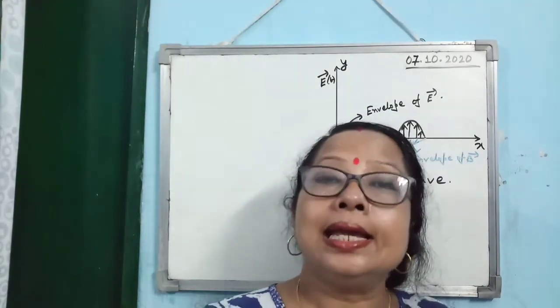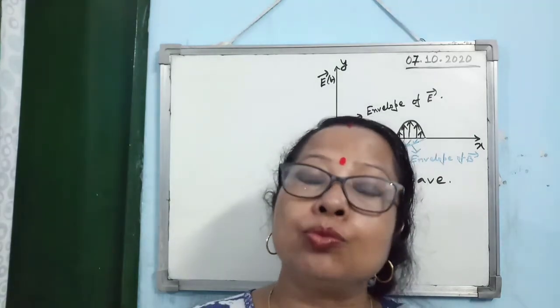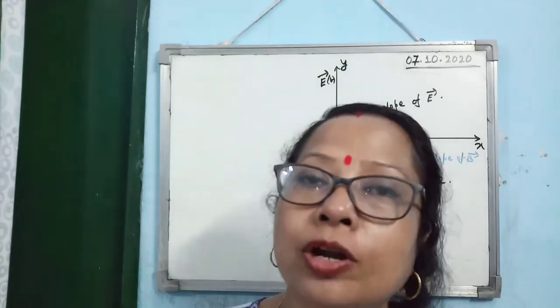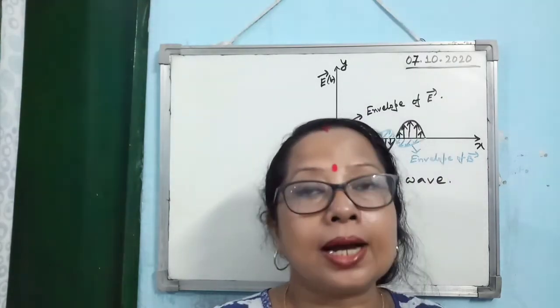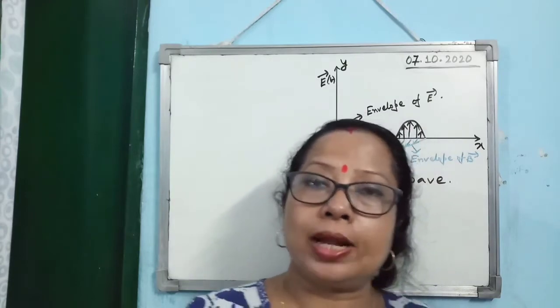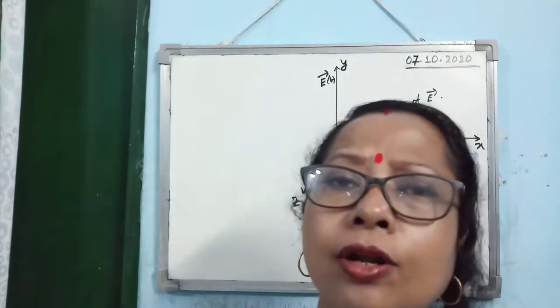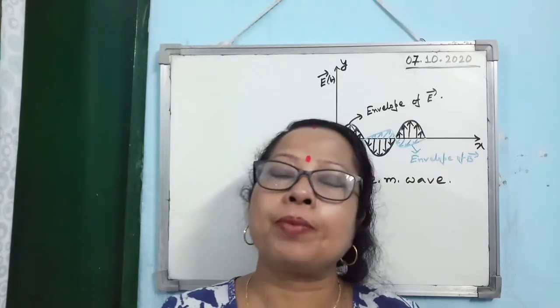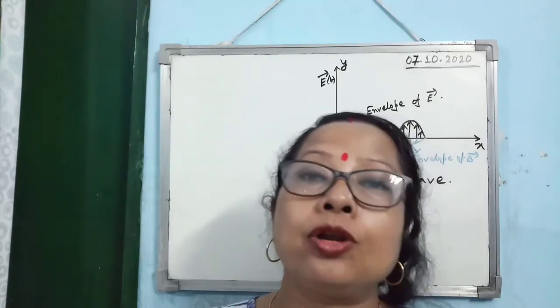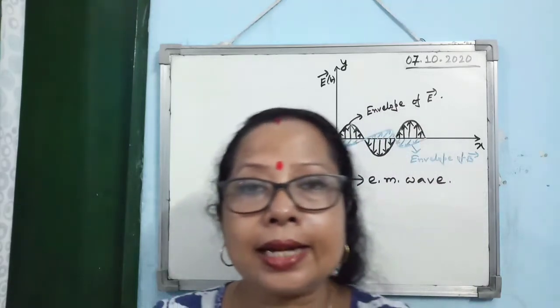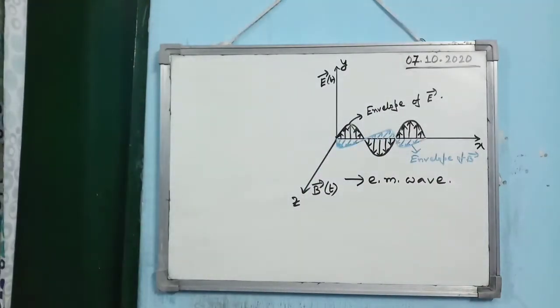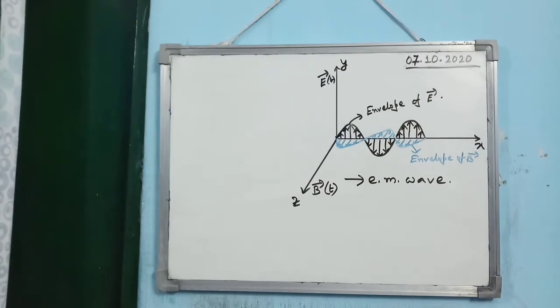And when an electromagnetic wave moves in free space or vacuum, all kinds of electromagnetic waves have the same speed, that is the speed of light in vacuum, 3 into 10 to the power 8 meter per second. And all of you know the common characteristics of electromagnetic waves that you already studied in 10th standard, in the spectrum chapter.